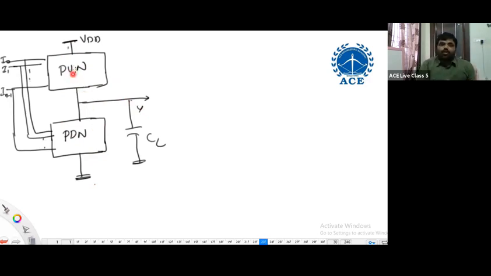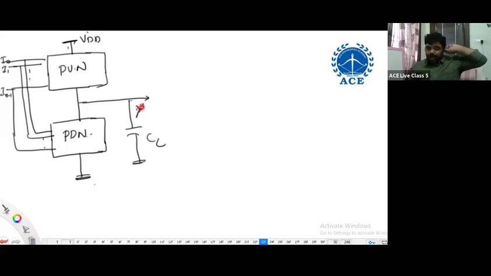Try to understand correctly. Only one network should be on at a given instant of time, because the output must be pulled either high or low. So the pull-up network pulls the output to logic 1 potential when it is on, and when the pull-down network is on, the output is pulled to logic 0.